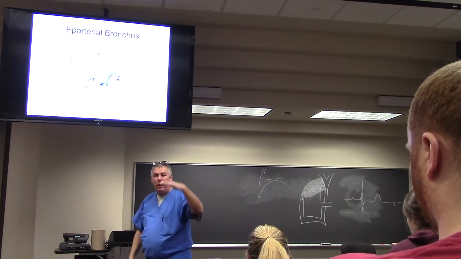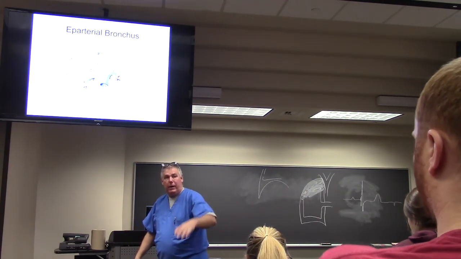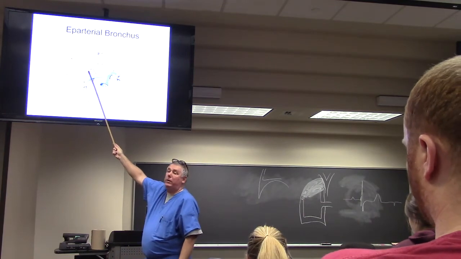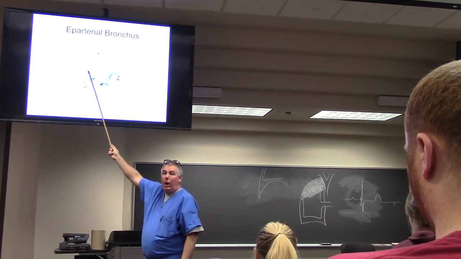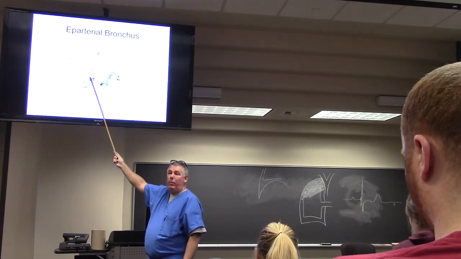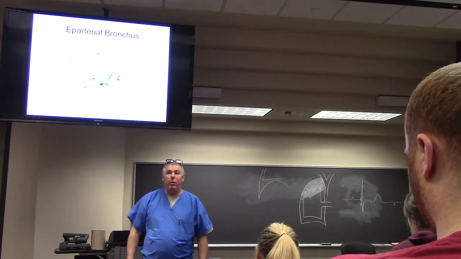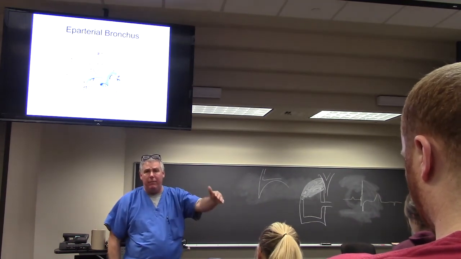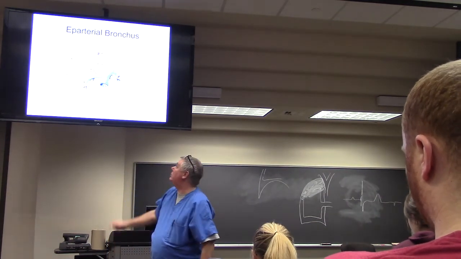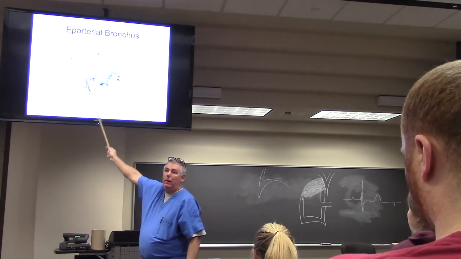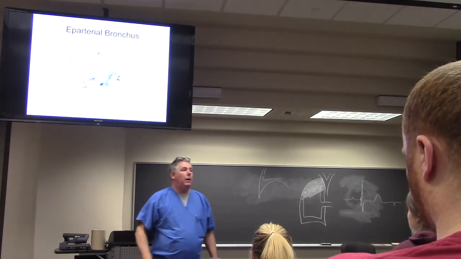All of them are lower than, inferior, except one. The one going to the right upper lobe is above the right pulmonary artery. That's called the eparterial bronchus. Ep meaning above. Eparterial bronchus, right there. That's going to the right upper lobe.